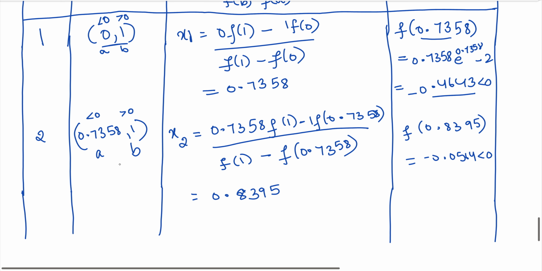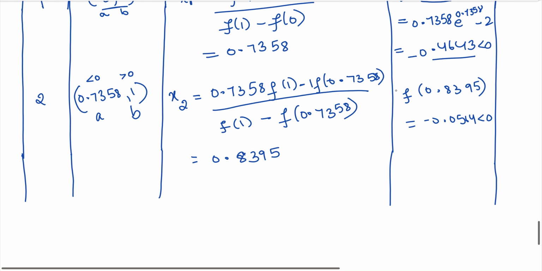So this x value is giving us less than 0, right? So what will we be replacing? We'll replace what was giving us less than 0 in the previous interval. So 0.8395, 1. Now this gives us less than 0, f of 1 gives us greater than 0.